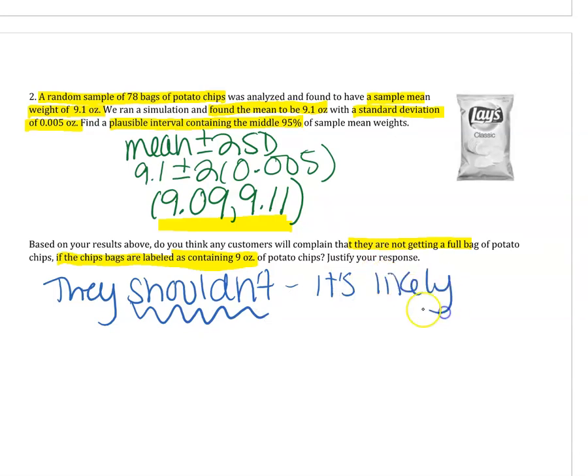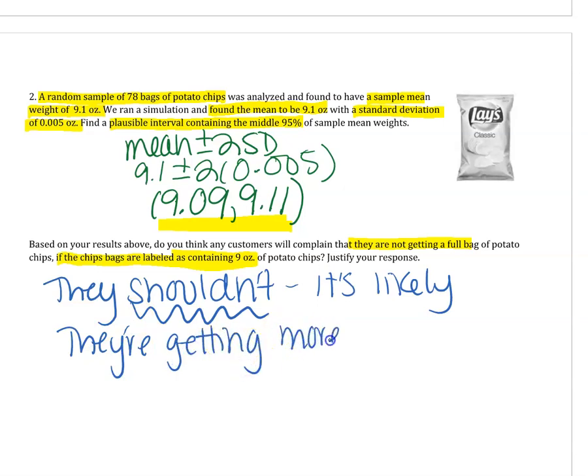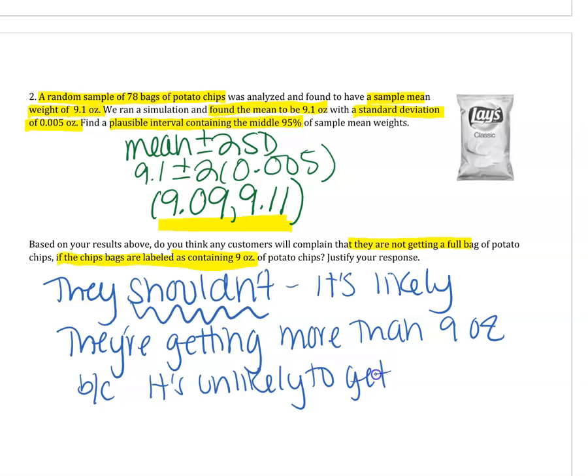It's likely they're getting more than 9 ounces because it's unlikely to get less than 9.09, because that was the low bound of my middle 95% based on my sampling.